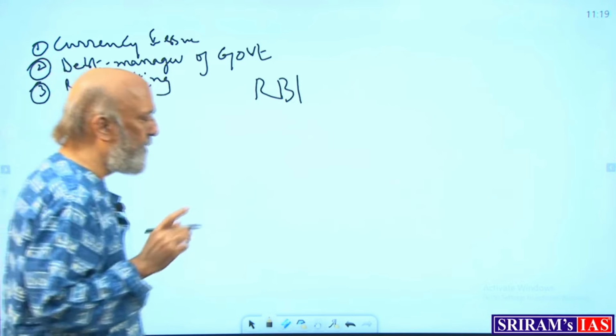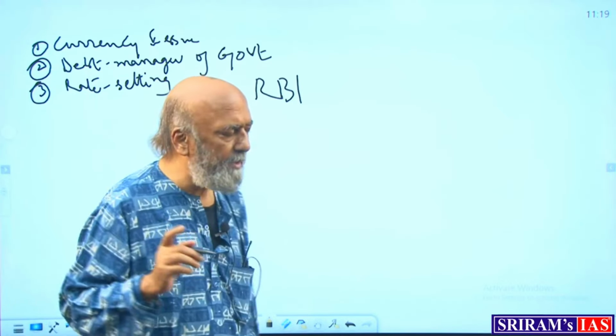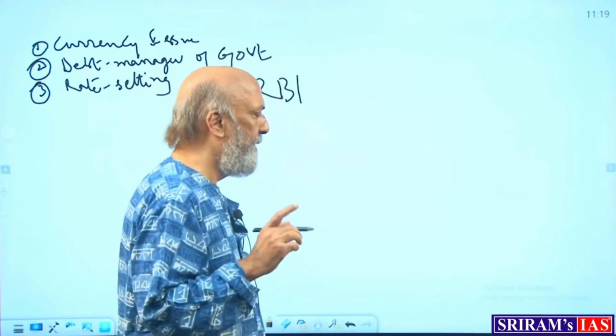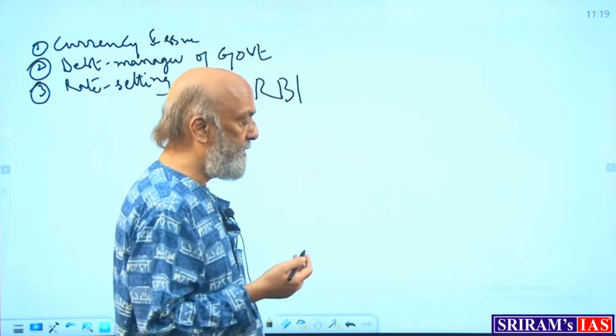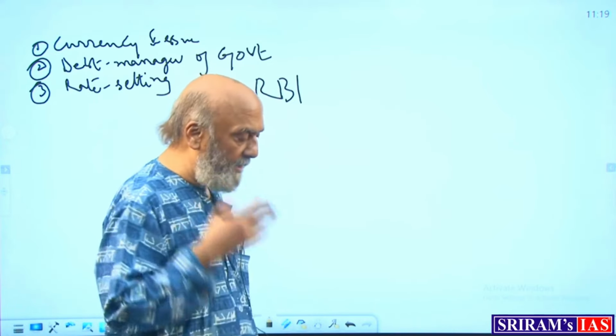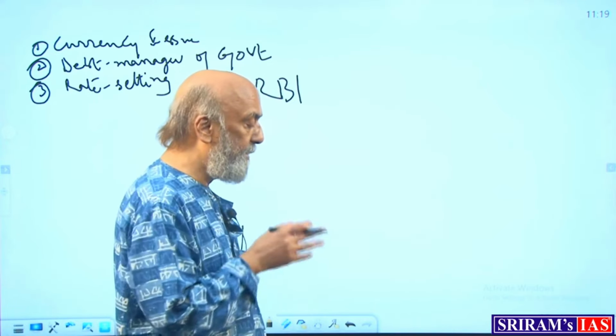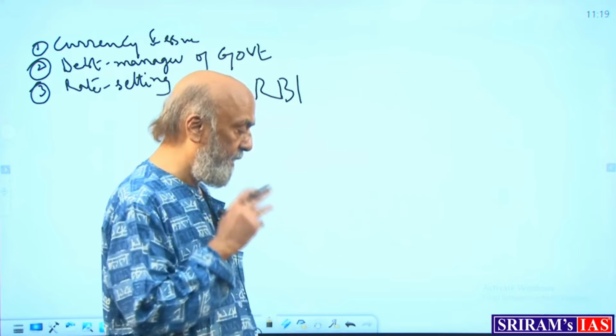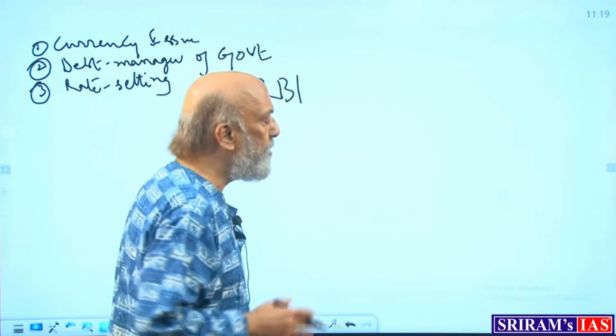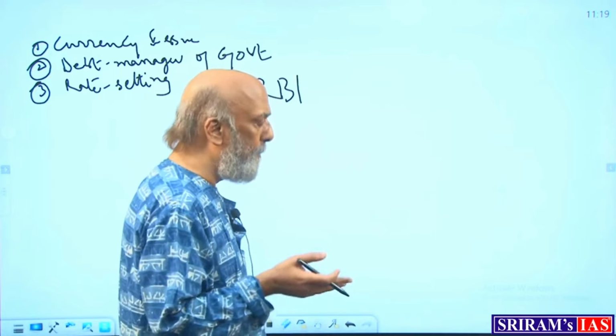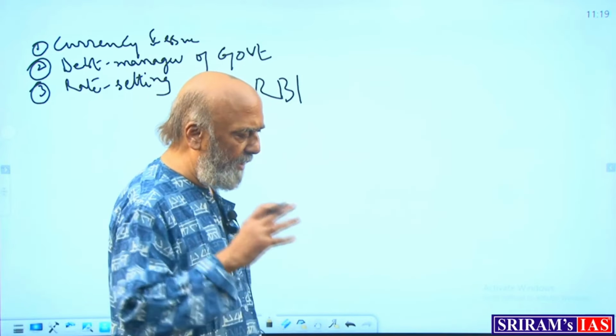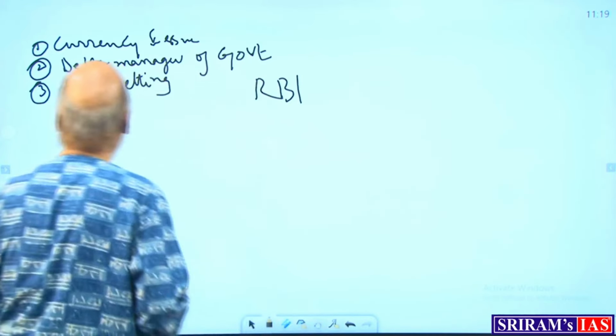Though the function goes to the MPC, the implementation is still with the RBI. RBI has to operationalize. Even within the MPC, RBI is half. And if there is a tie, it is the chairman, RBI governor, who breaks the tie. So even while you have given it to the MPC, the role of the RBI is quite substantial.